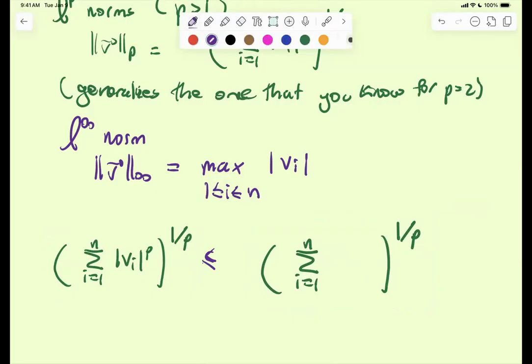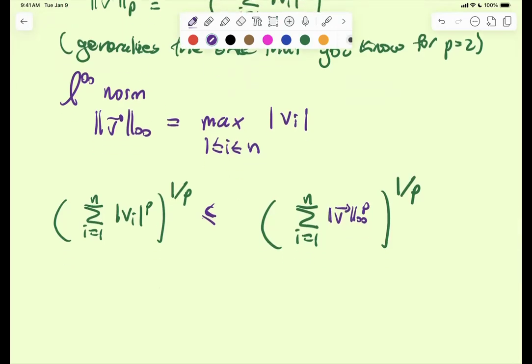But now this becomes a constant, so you take it out, and you get n times the L infinity norm to the p, to the 1 over p.